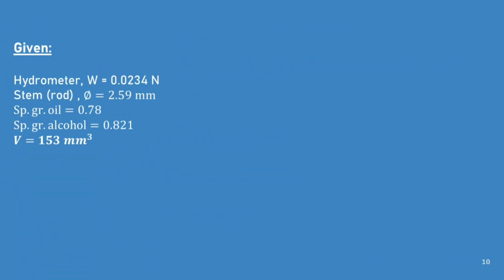Upon acquiring the value of the total volume of the cylinder, let us now proceed in getting the height difference of the hydrometer submerged in alcohol and the hydrometer submerged in oil.